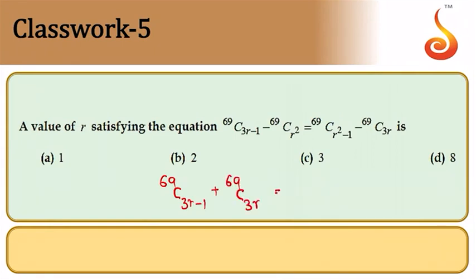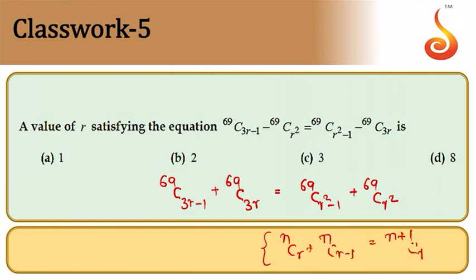A value of r for which 69C(3r minus 1) minus 69C(3r square) is equal to 69C(r square) minus 1. So what we do is we rearrange: 69C(3r minus 1) plus 69C(3r) equal to 69C(r square minus 1) plus 69C(r square).